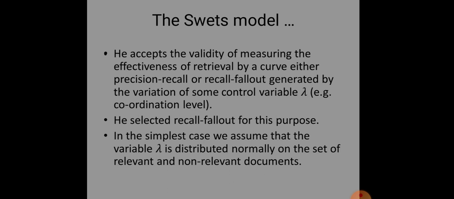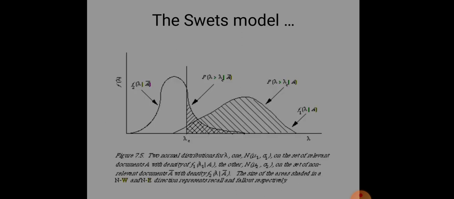So in the simplest case, we assume that the variable lambda is distributed normally over the set of relevant and non-relevant documents, which we discussed. Here lambda means the coordination level or the relevance score. It is distributed normally along relevant and irrelevant documents like in this picture.